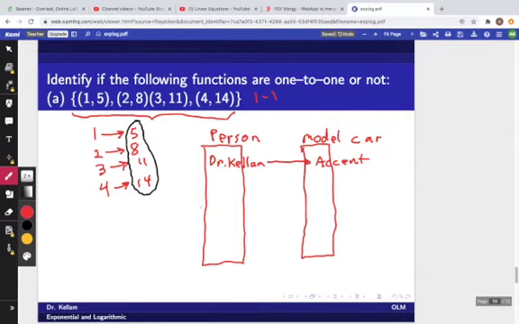Is there anybody else in the world that drives an Accent? I am assuming the answer is yes. And since we have this particular setup, this cannot be a one-to-one function.